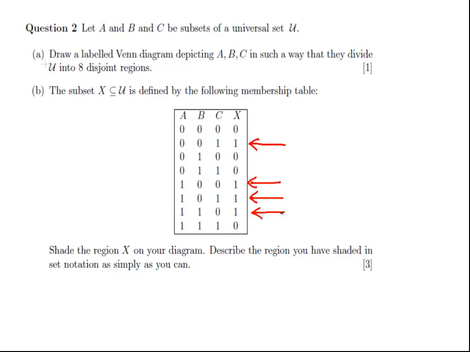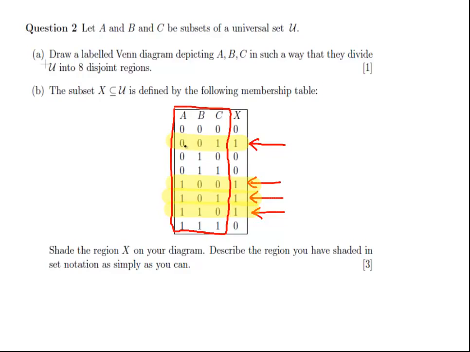There are 4 regions where there is a 1. Let's highlight these regions. Now, let's look at the corresponding values for A, B, and C. 0 means not within the boundaries of that set, and 1 means within the boundaries.